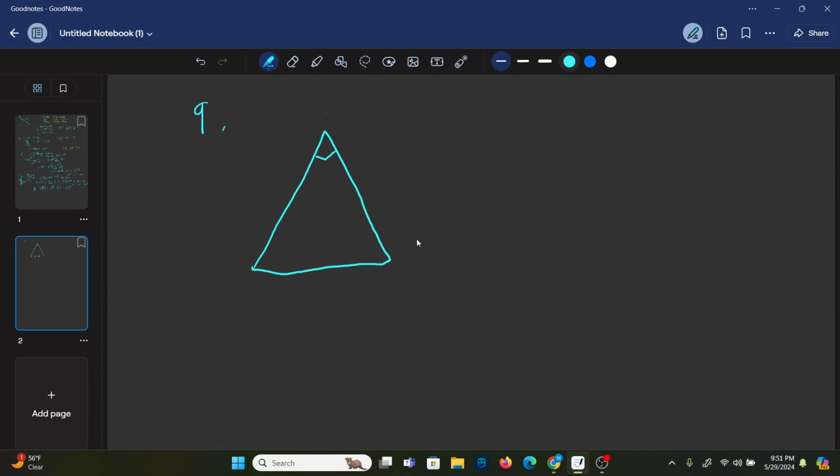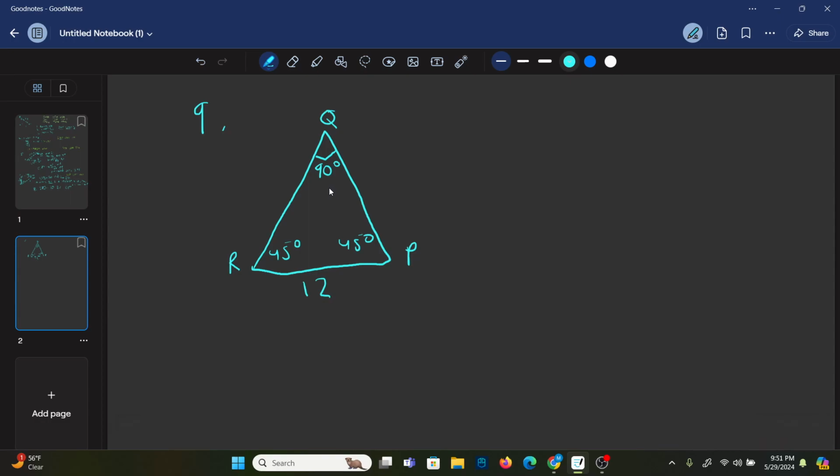And we know 45 degrees is this angle, and 45 degrees is this angle. We know that this side is 12.